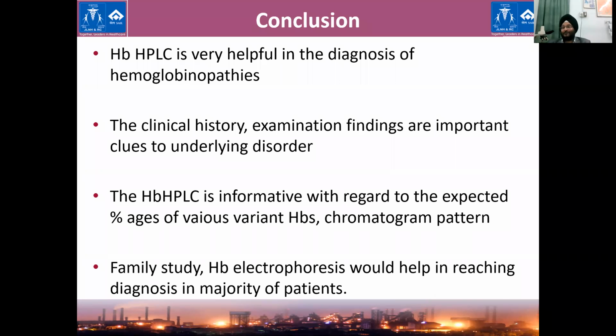What we are more interested in, because the presentation would be thal major, is looking at that, and it is very difficult at that time. HbF is always high. So in a setting in which we are doing a research study, then it's okay. But routinely, I am not very convinced. We can always do it at a later stage.